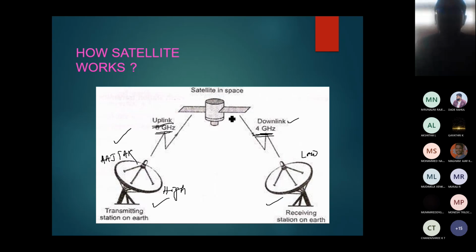Why have we taken this? Because when the satellite is there, the satellite has no power supply. We are not giving any power supply to the satellite, but it has its own power supply.